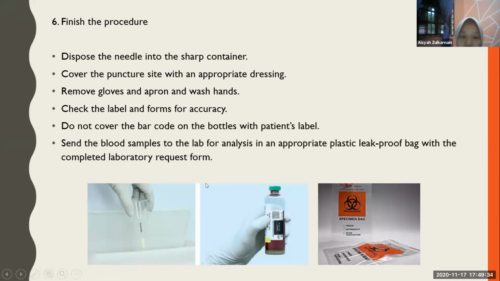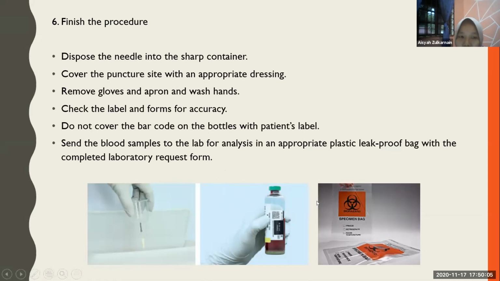And then before sending the blood sample to the lab for analysis, we need to check the label and also the forms for accuracy. And we do not cover the barcode on the bottles with the patient's label. And then it is important to put the blood sample in the biohazard bag to avoid leaking.